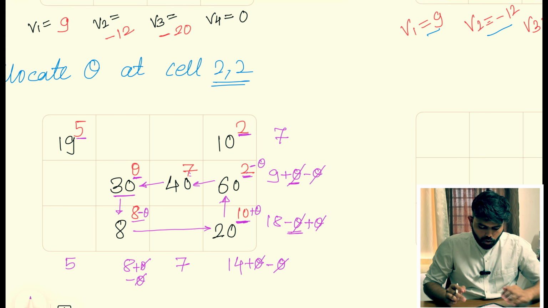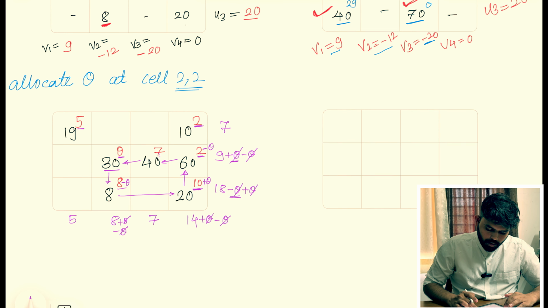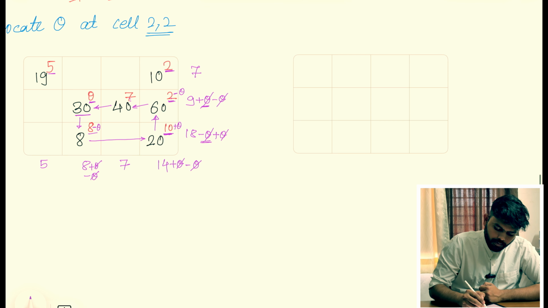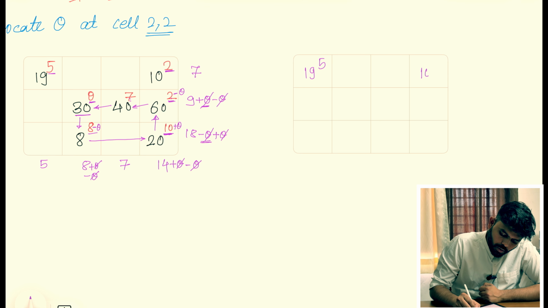Okay. So if we rewrite this, we have 19 where 5 is allocated, 10 where 2 is allocated, 30 where theta is allocated, 40 where 7 is allocated, 60 where 2 minus theta is allocated, 8 where 8 minus theta is allocated, and 20 where 10 plus theta is allocated.